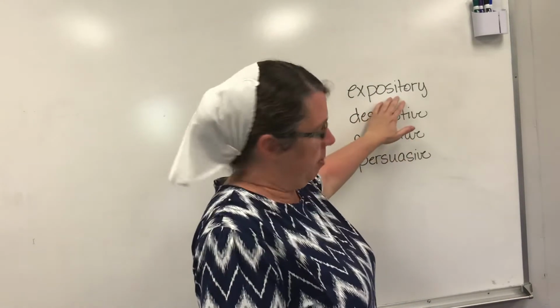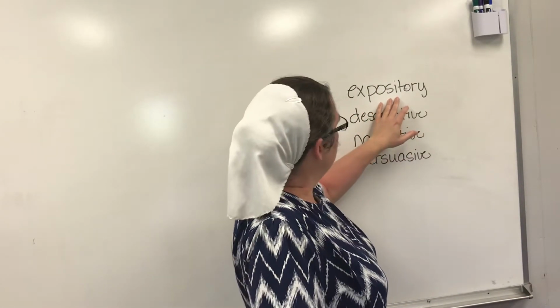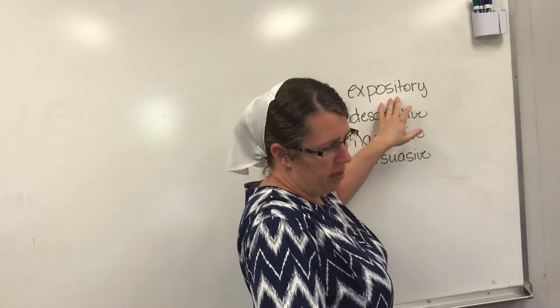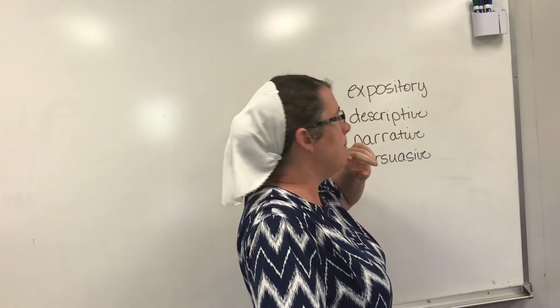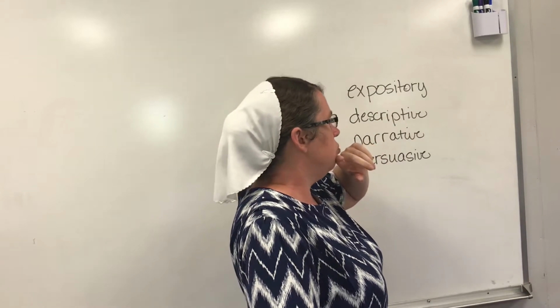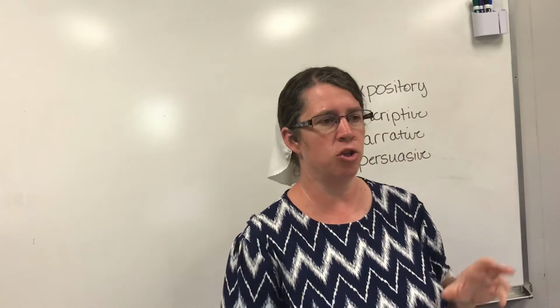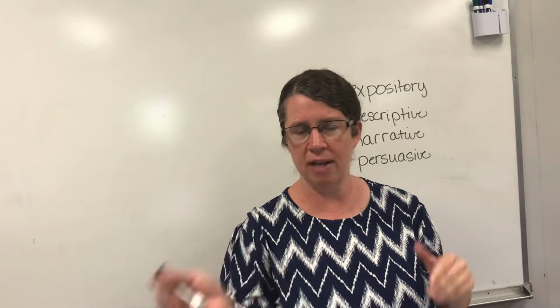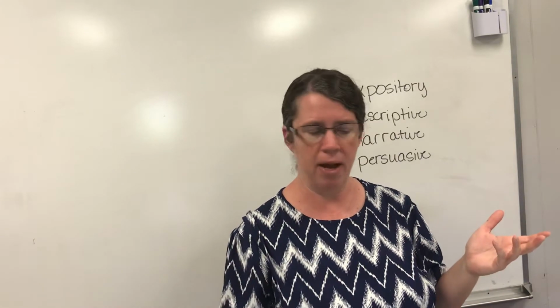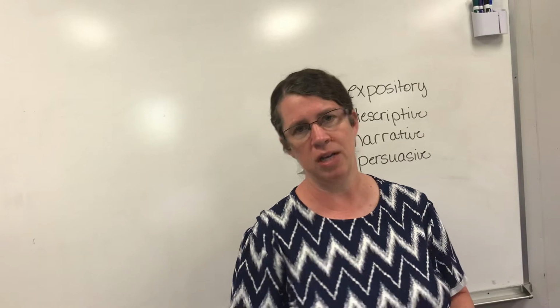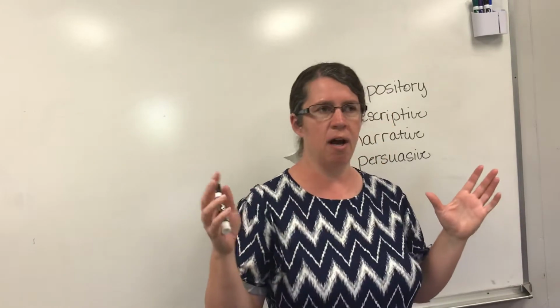This expository paragraph explains an idea, gives information, and tells how to do or make something. So let's say you wanted to make a paper airplane and Abigail wants to tell Casey how to make a paper airplane. This is the kind of paragraph you would need to write.